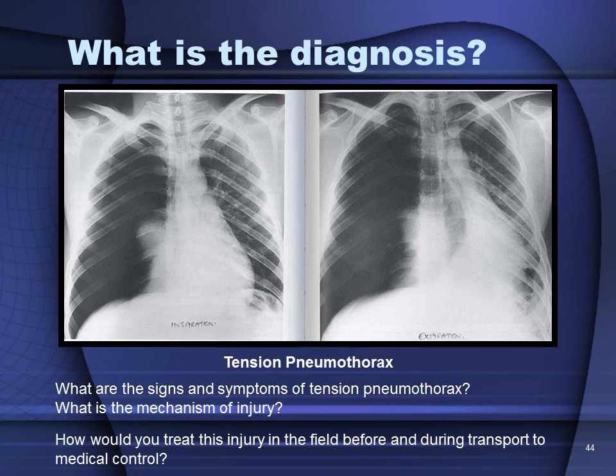The mechanism of injury, again, is usually some kind of blunt force trauma leading to an open chest wound or a sucking chest wound where air enters through the thoracic wall or the wall of the thoracic cage. How do you treat this injury in the field?